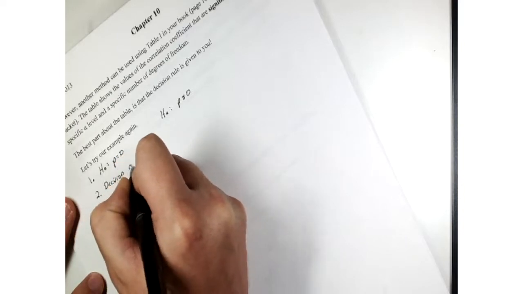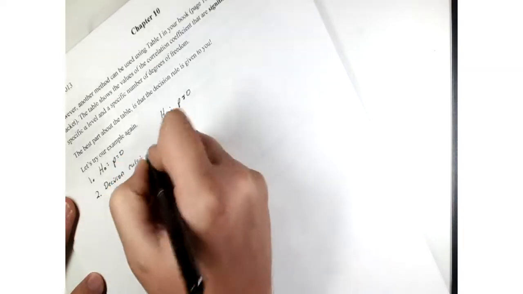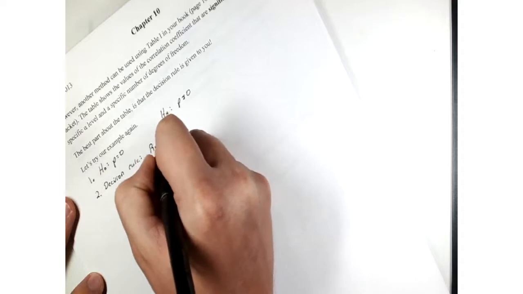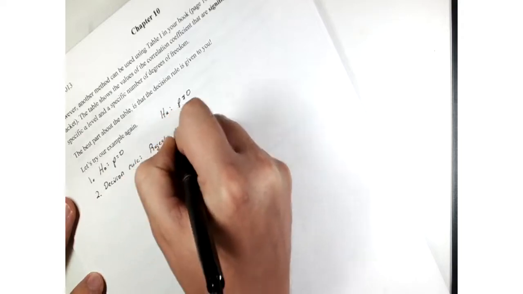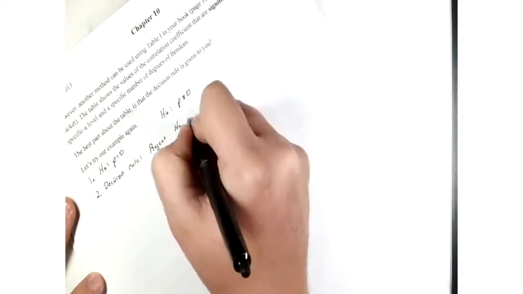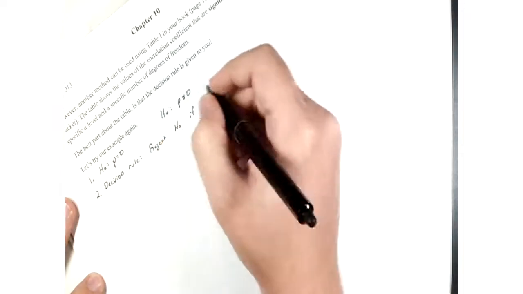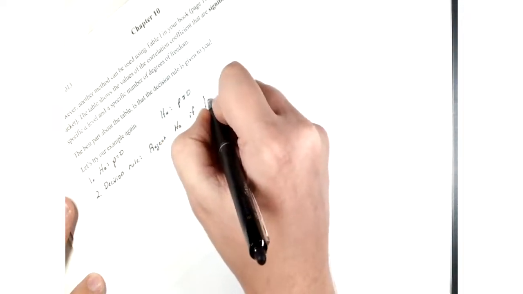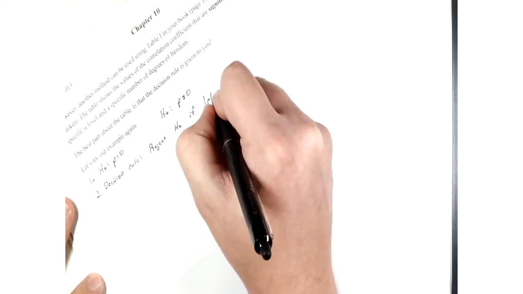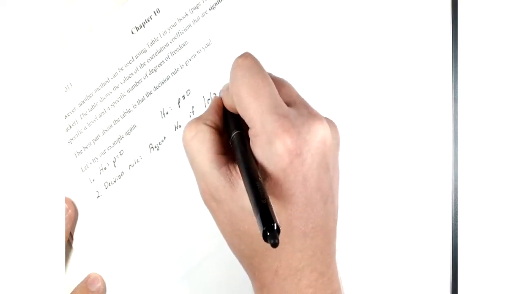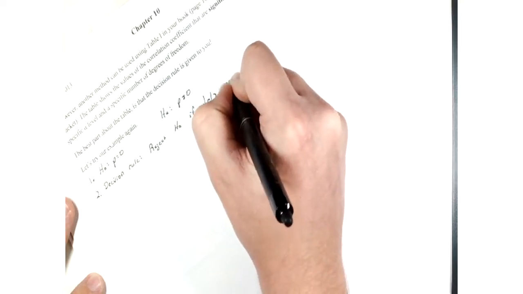So the decision rule will be to reject the null hypothesis if the sample correlation coefficient r is greater than 0.754. And I'll show you how I got that in a second.